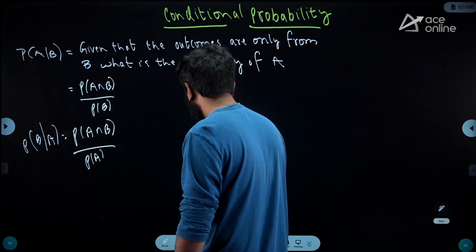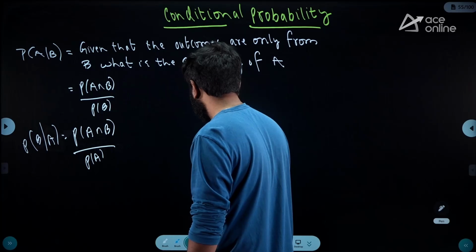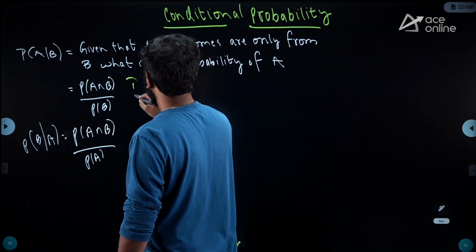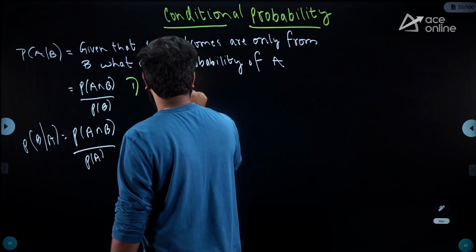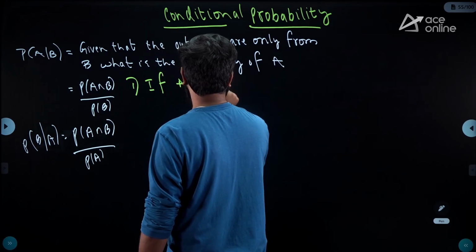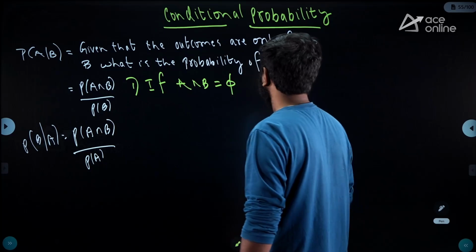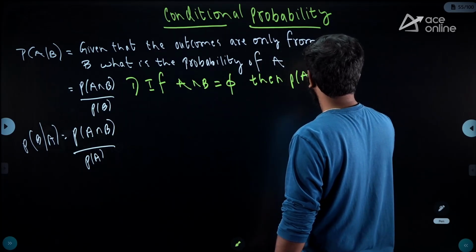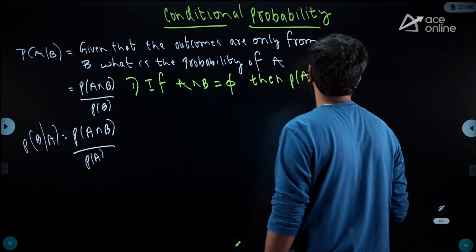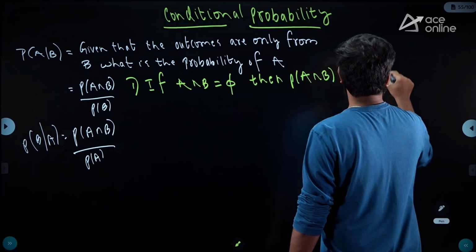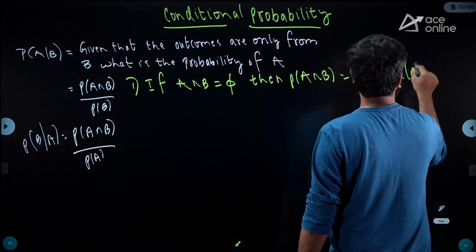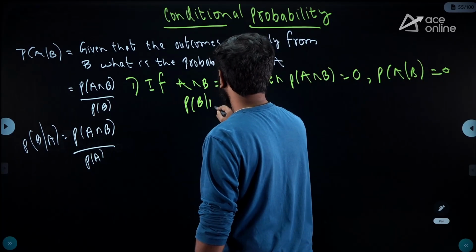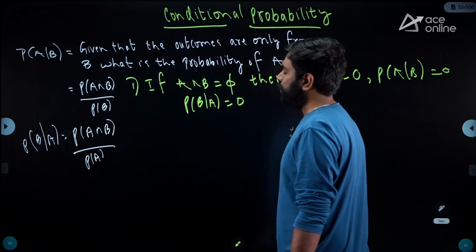So some special cases, I said. So what do you mean by special cases? I'll show you. Case 1: if A intersection B is a null set, then the probability of A intersection B is 0, and the conditional probabilities like A by B probability is 0, B by A probability is also 0.